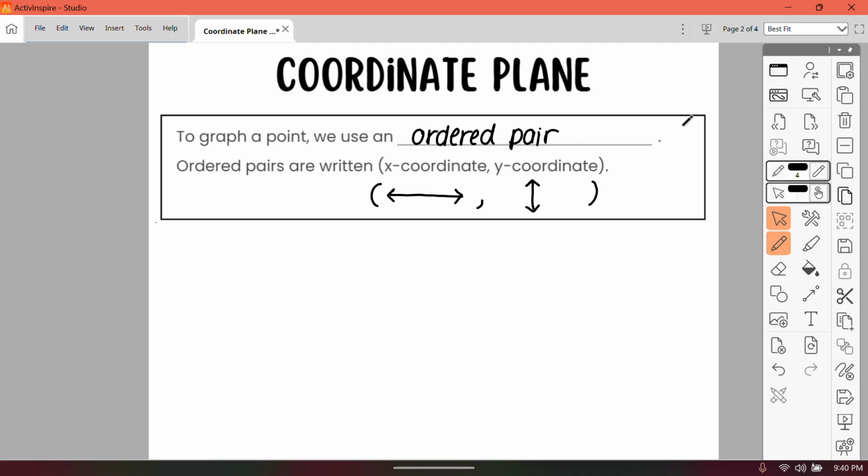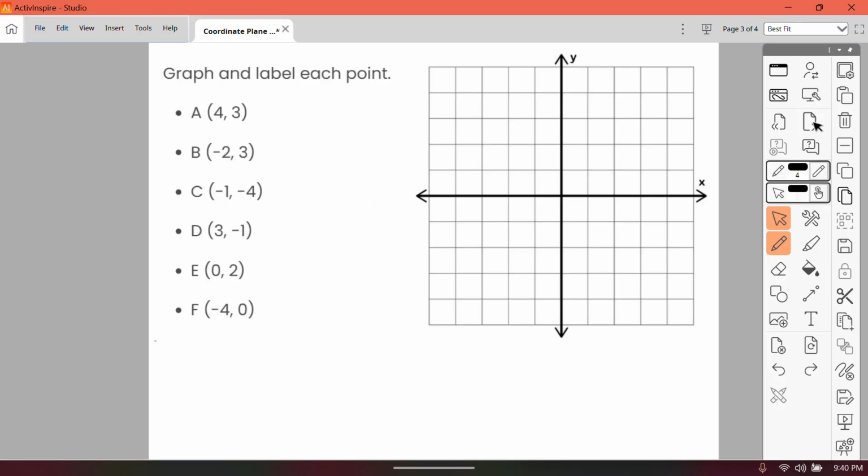All right? We're going to graph all 6 of these points using an x and a y coordinate. So I'll go kind of slow on the first couple, and then we'll do the rest of them pretty quick. For point A, my x coordinate is positive 4, and my y coordinate is positive 3.